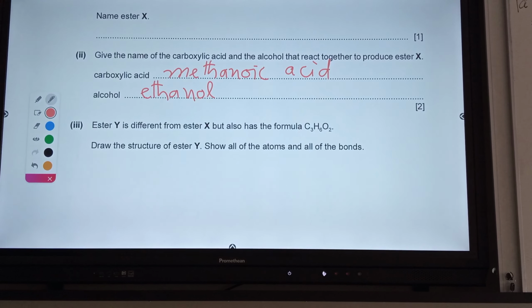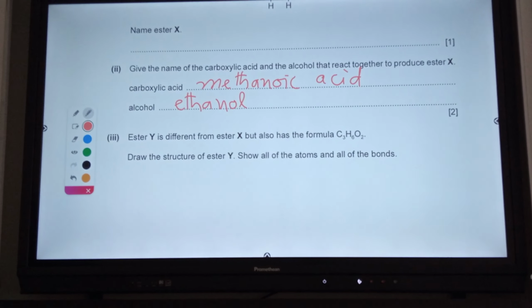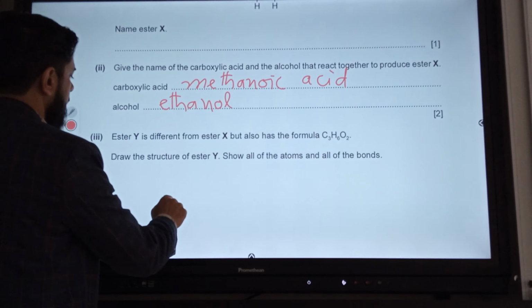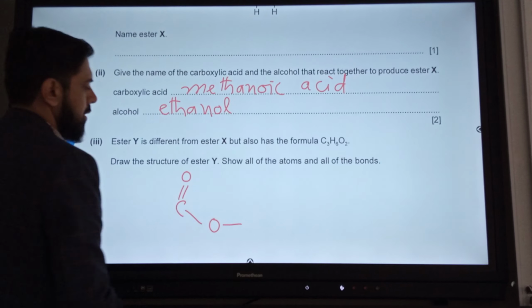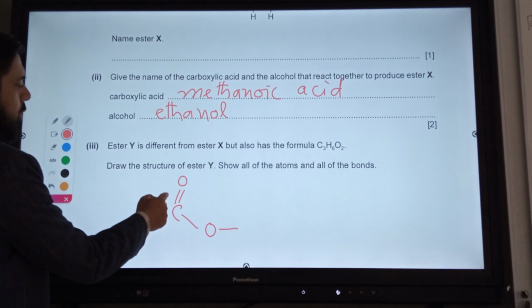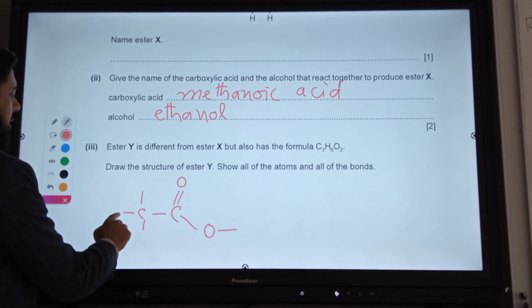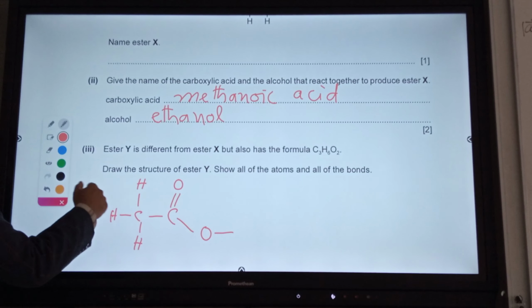Then ester Y is different from ester X but also has the same formula. Draw the structure of the ester, showing all the atoms and bonds. Very simple: just draw the ester bond. Now in X, we have only one carbon atom in the acidic part. Here you have to write another carbon atom, so this will now become ethanoic acid, ethanoate.